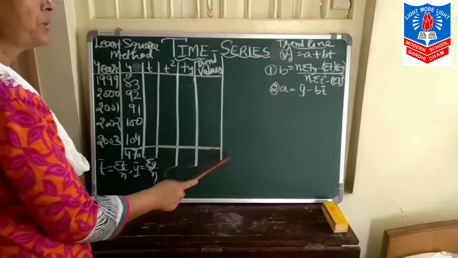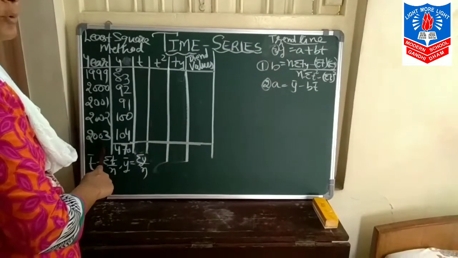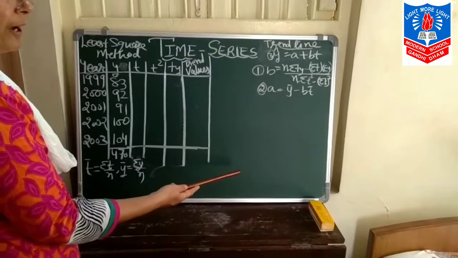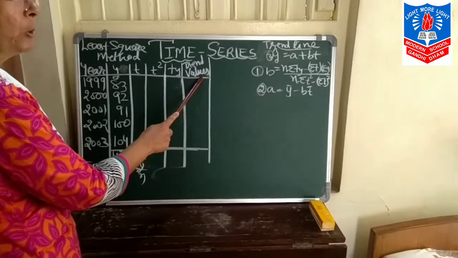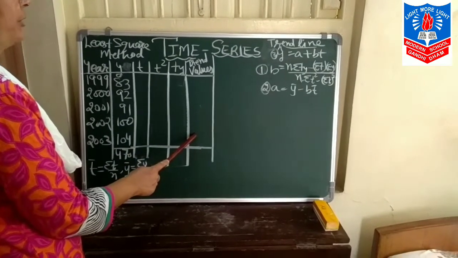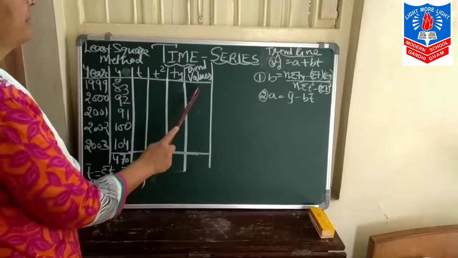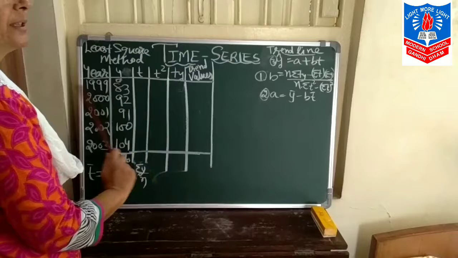For that also, first step we find the trend line. Second, t value will take 2005, what will be the estimated value of y. And third is trend values. How we find that, we will discuss later on. Now in this sum it is asked trend values only. So let us start with the sum.